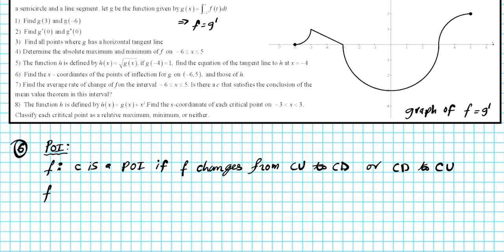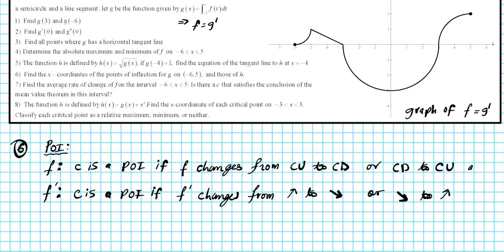Now, what if you're given the first derivative? Well, for the graph of the first derivative, c is a point of inflection if f prime changes from increasing to decreasing, or decreasing to increasing at c.